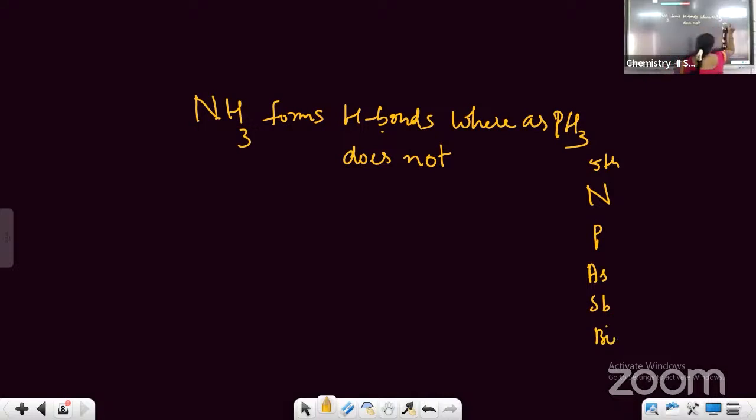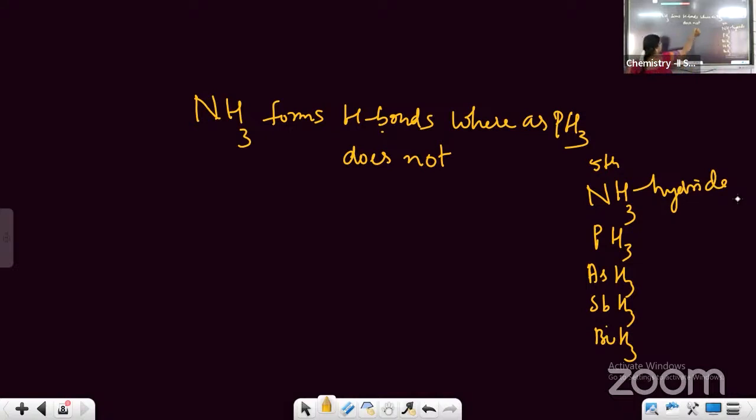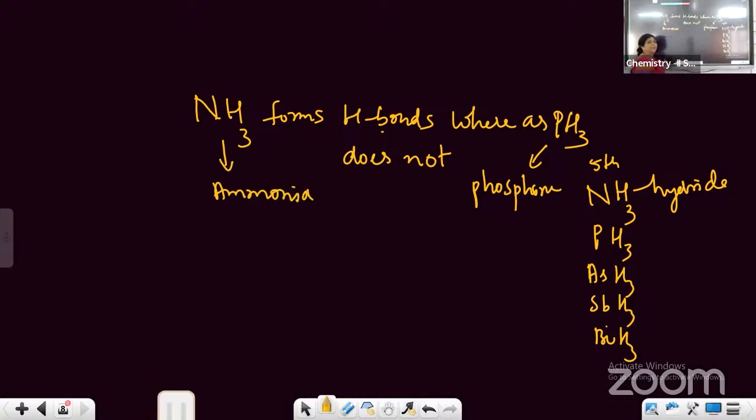An element combined with hydrogen is called a hydride. Ammonia is a fifth group hydride, and PH3 is called phosphine, also a fifth group hydride. But ammonia forms hydrogen bonds, and phosphine does not.